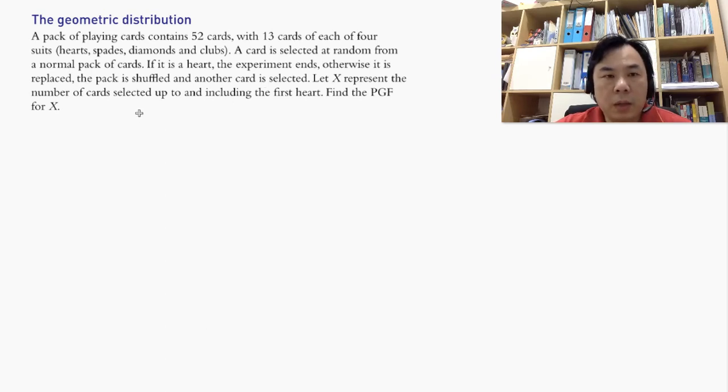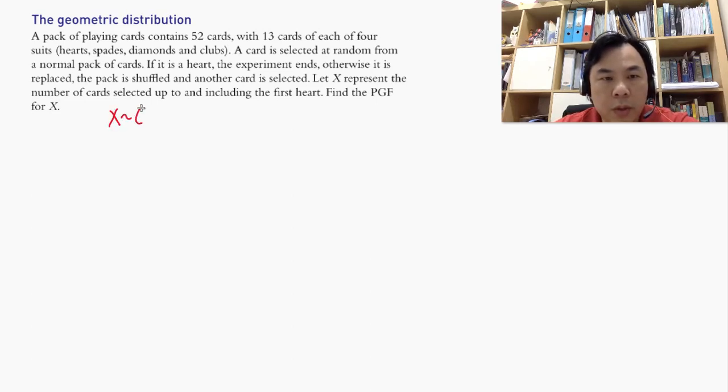Now we know that X represents the number of cards selected up to and including the first heart, right? Okay, now first of all, you should recognize that this is a geometric distribution because it involves a number of failures before the first success is achieved. So we'll write that down as a geometric distribution.